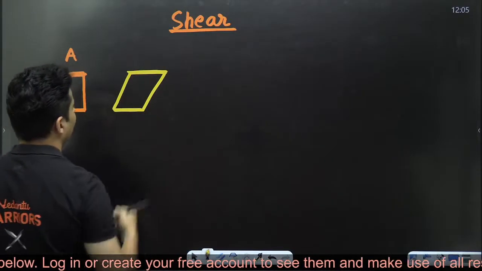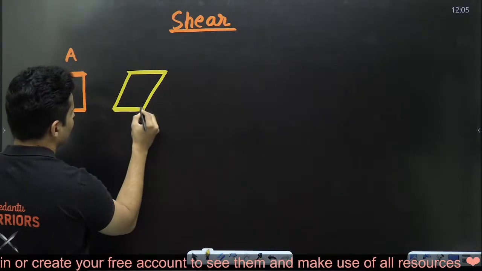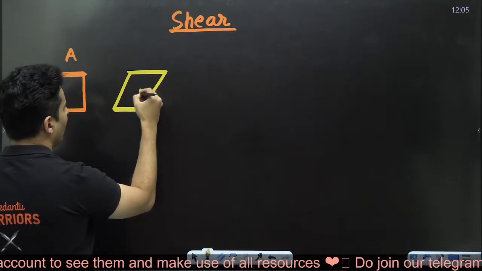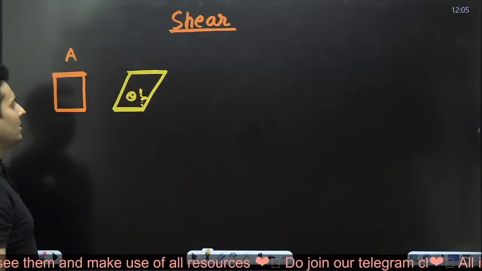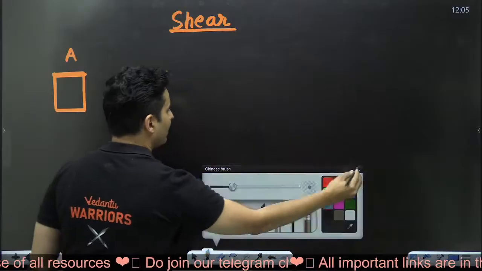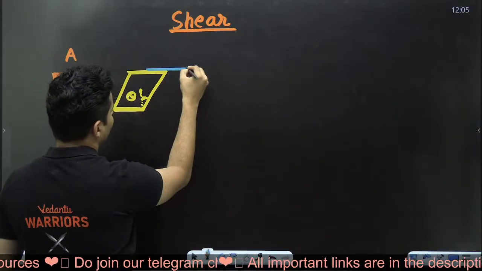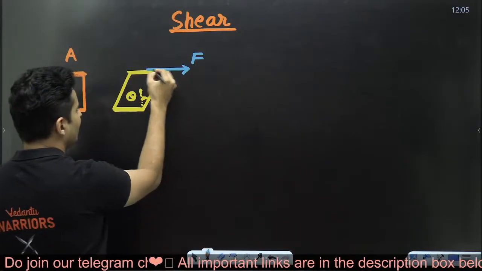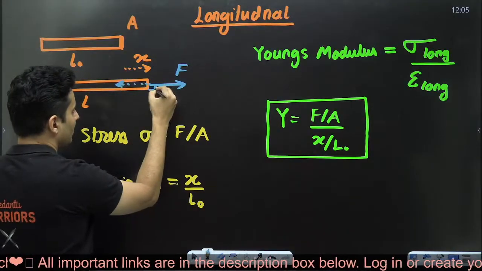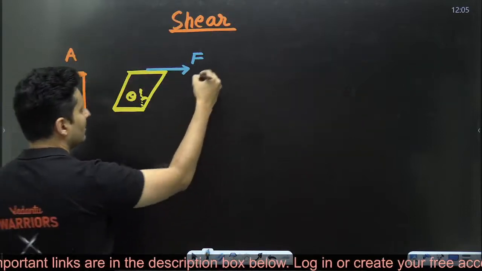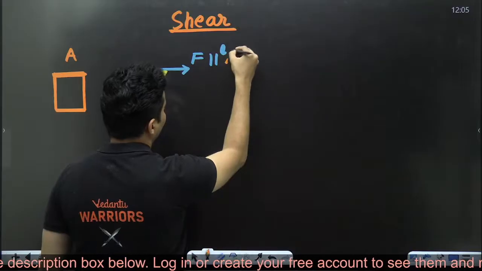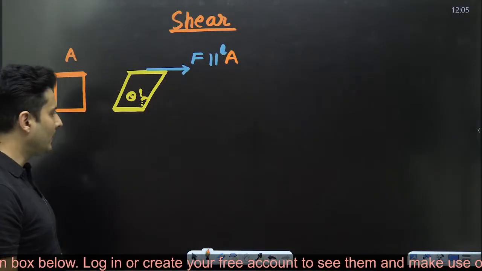These two surfaces have slid with respect to each other, and there is some angular deformation, I'll call it theta. And on the surface, I have applied a force like this. So remember, the force is parallel here. In the previous case, the force was perpendicular. Here it is parallel to that area.